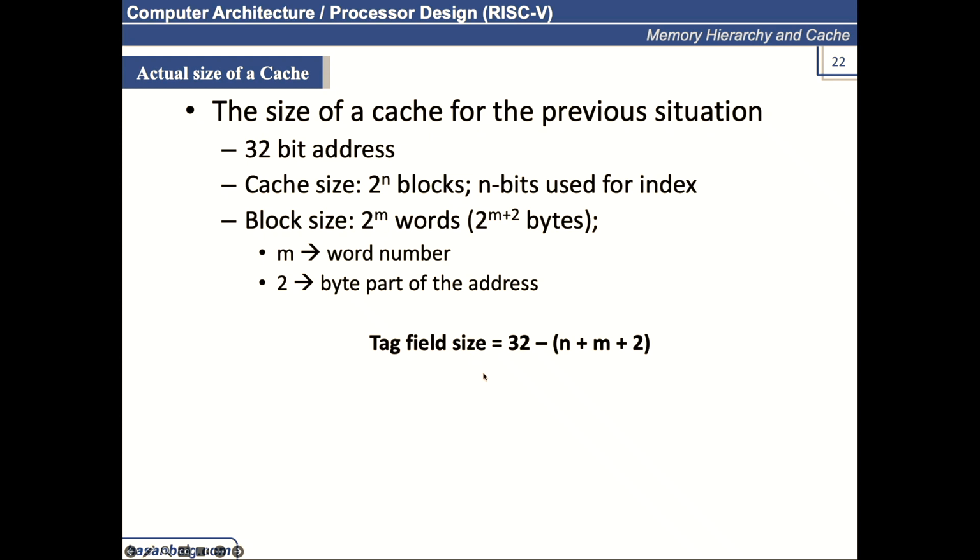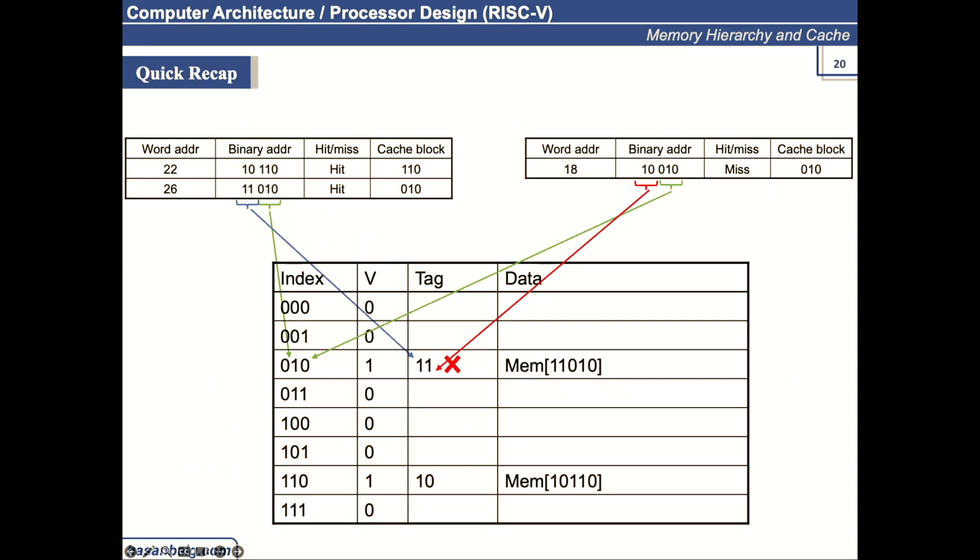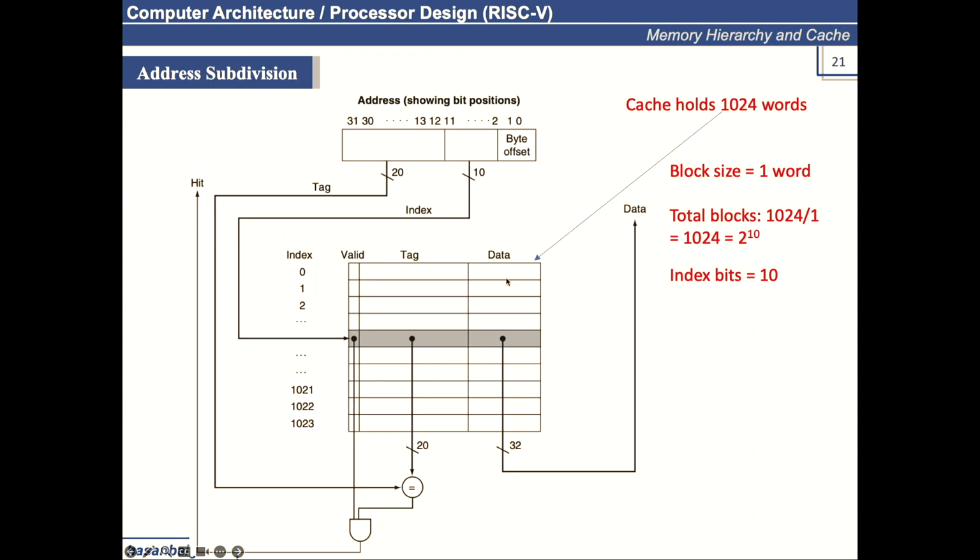With the help of this formula, we can determine the size of the tag field. What would be the total number of bits if you were asked to calculate the total number of bits, including the valid bit, in a cache? This would be the general formula. First of all, look at this field, which is the same. This is the tag field. What we are trying to do here is to determine the total number of bits in a cache.